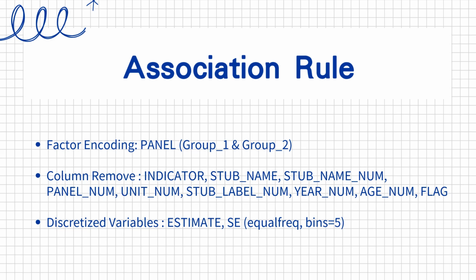We then transform the panel variable into two groups, group 1 and group 2. By recoding its original factor levels, the conversion helps simplify the classification targets for the rule mining, making it easier to interpret whether the record falls into one group or the other. Additionally, we discretize estimate and SE into 5 bins, each using the equal frequency method from the infotheo package.